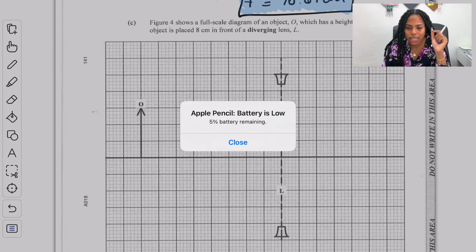So they go on to say, given that the focal length of the lens is 5 centimeters, draw the ray diagram and find the image of the object.